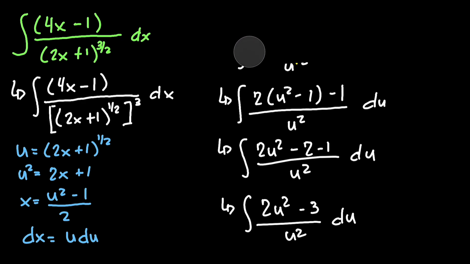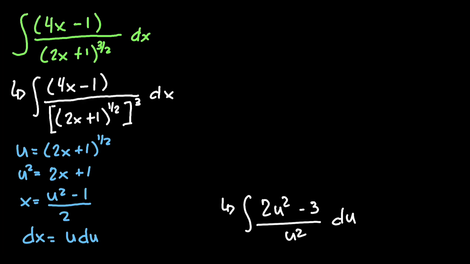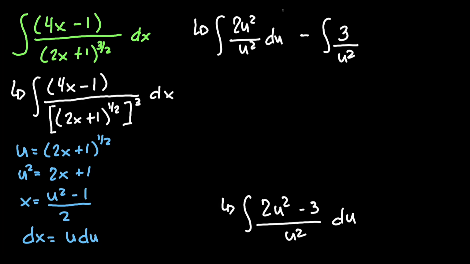Now that this integral is simplified, we can now solve this. So let us split this integral apart first. The integral of 2u squared over u squared du minus the integral of 3 over u squared du. So, put the constant first outside the integral.